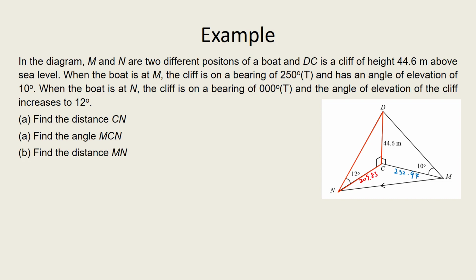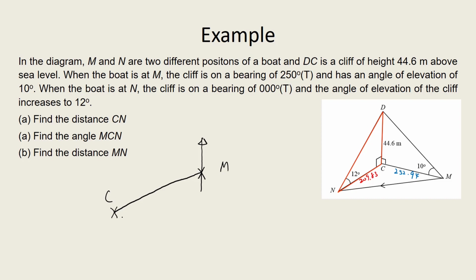Since the bearing information is given, the best view for this triangle MNC is still the top view. So now the first step is to draw the top view of this triangle MNC. The boat starts at this point M, and this is the north direction at point M. The question tells you the bearing of the cliff from point M is 250 degrees. That means this line down here is MC.